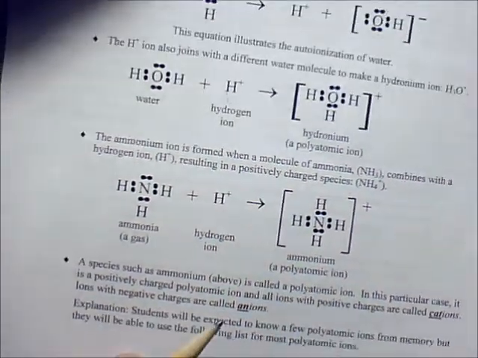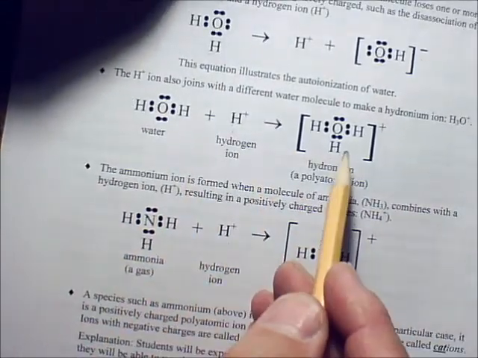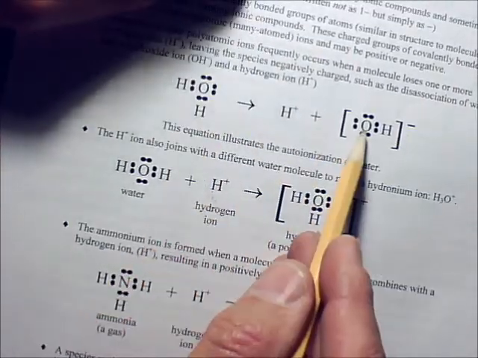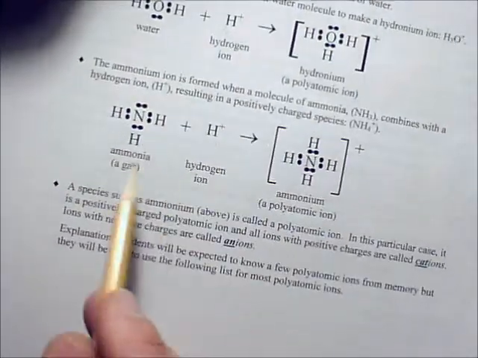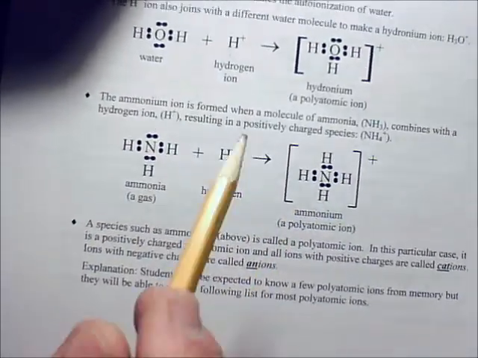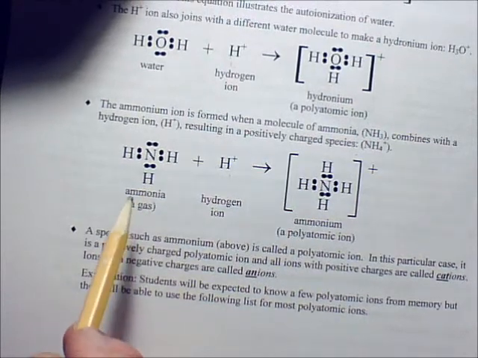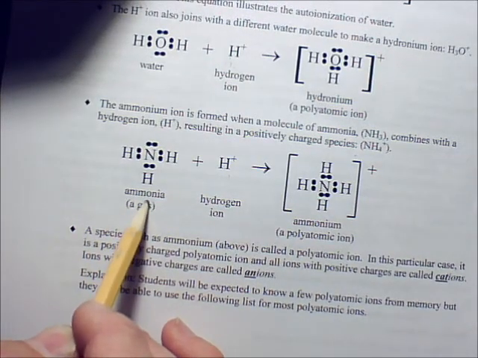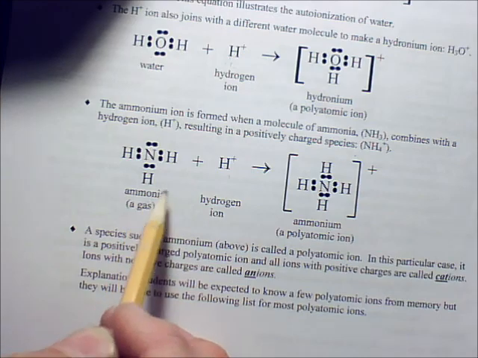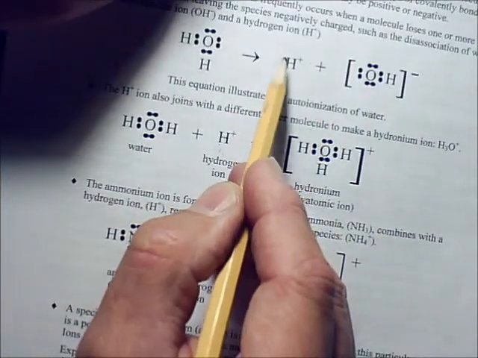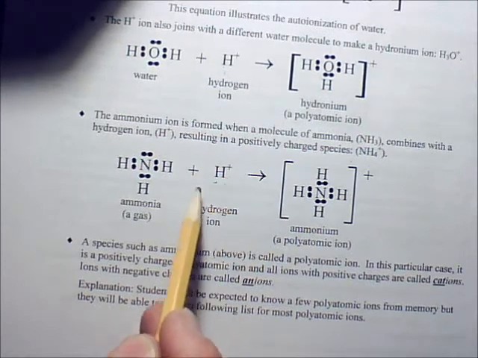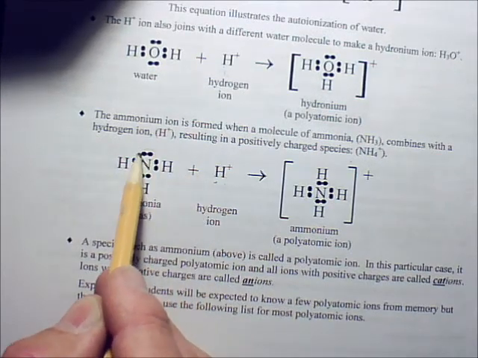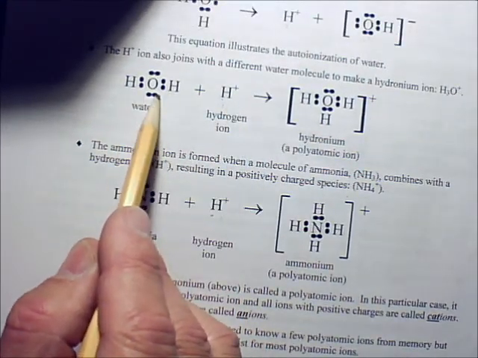Okay? Now, this is new in this unit. This is reminders or going back through things from the previous unit. This is also from the previous unit. And this is showing what happens when you have an ammonia molecule dissolved in water. Those hydrogen ions from the dissociation of water are available. That proton then can share this pair of electrons, just like it shared this pair of electrons up here.